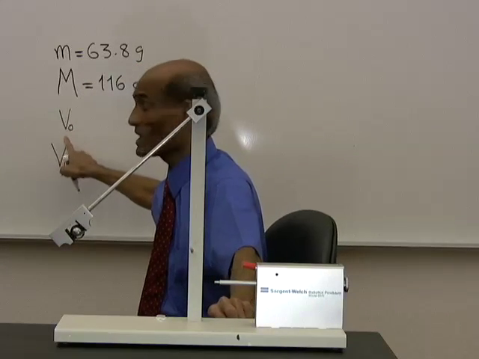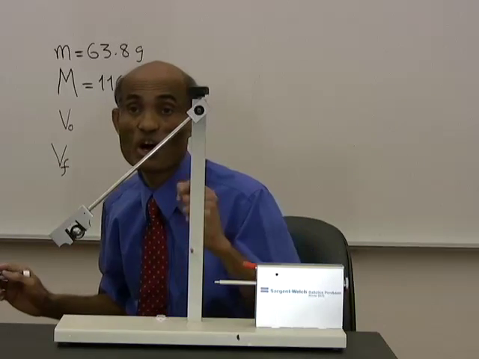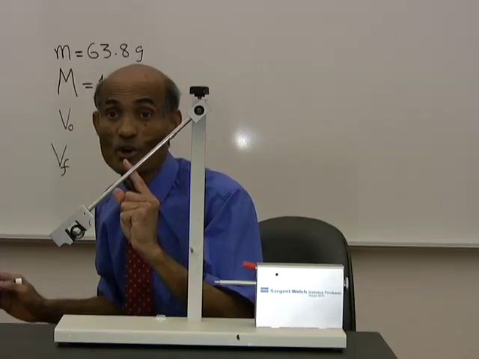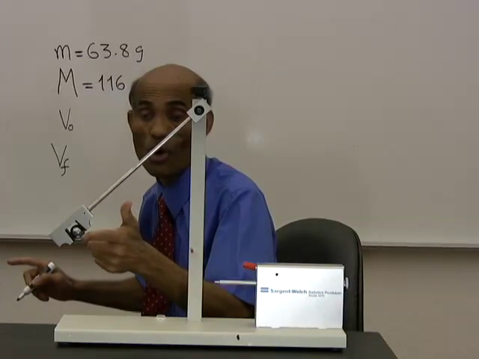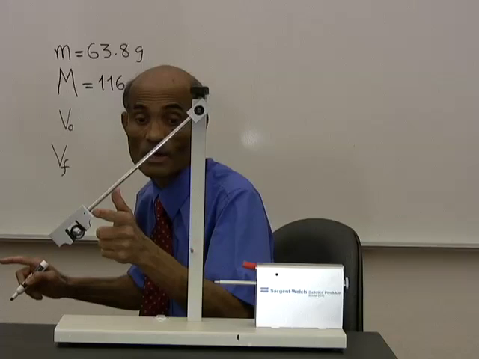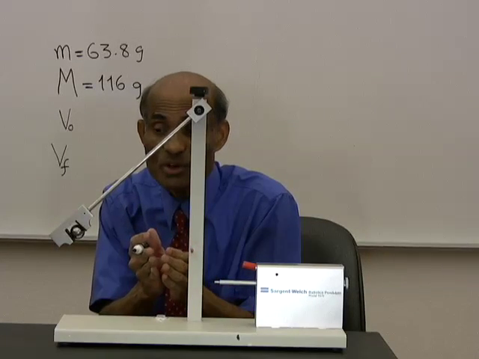So understand these terms. V0 is the initial velocity of the ball before the collision. Vf is the velocity of the ball and the pendulum just after the collision, at the instant of collision.